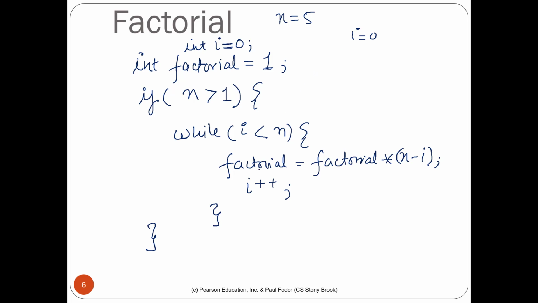So what do you do here? You will say factorial is equal to 1 multiplied by n minus 0, which is 5. Okay, and next time i plus plus, so i is equal to 1.